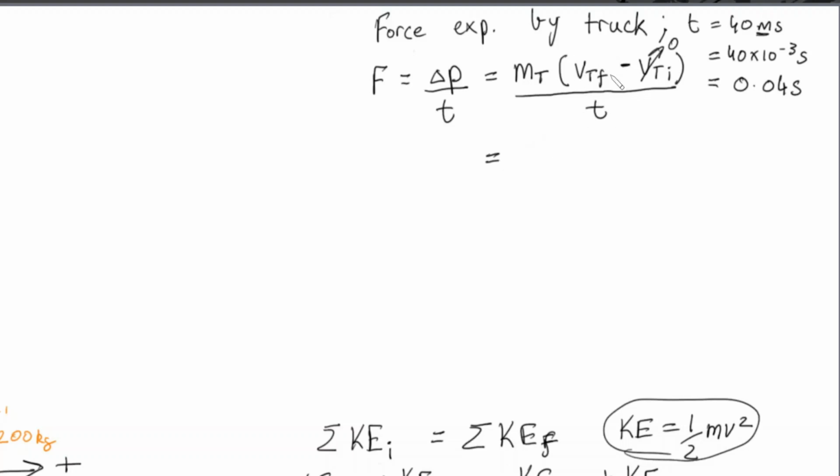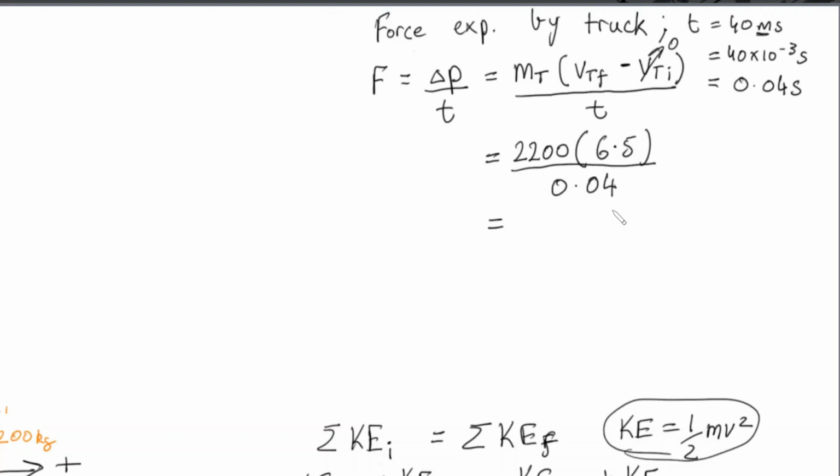And we know that the final velocity of the truck was moving towards the right at 6.5 meters per second. So let's plug our numbers in. We've got 2200, and VTF will remain positive because it was moving in the right direction. So 6.5 divided by the contact time, which is 0.04.